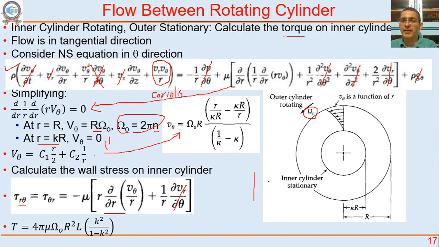If you look at the elevation, this is the inner cylinder and this is the outer cylinder. This is the axis, and this outer cylinder is rotating, the inner cylinder is stationary. We are looking at the surface area of this inner cylinder, so L is the length of the cylinder.